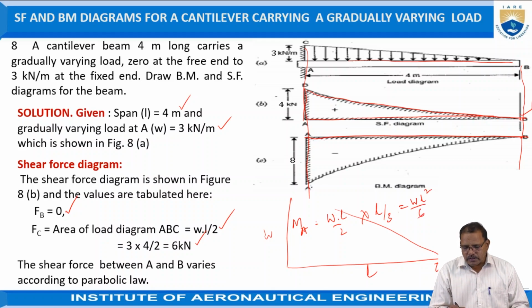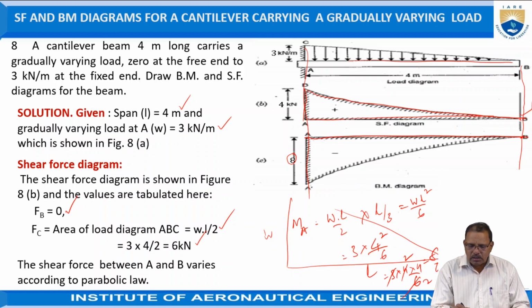So W is equal to 3, L is equal to 4, square, divided by 6. So it is equal to 3 into 4 into 4 divided by 6, which is equal to 8 kilonewton meter. So you take 8. Here at B it is equal to 0. 8 kilonewton meter means you have to take a suitable scale. Draw vertical and downward directions.